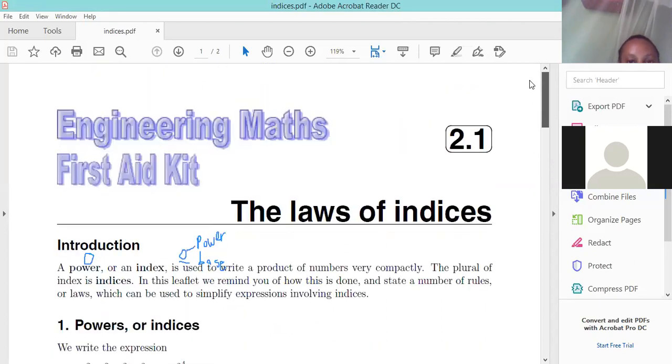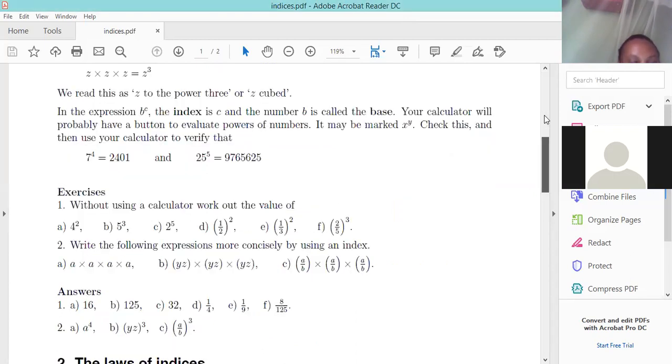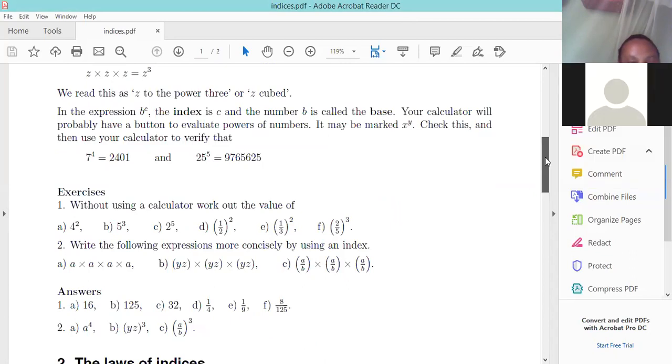How do we deal with those powers? So let's look at some of the examples which are illustrated on that document.